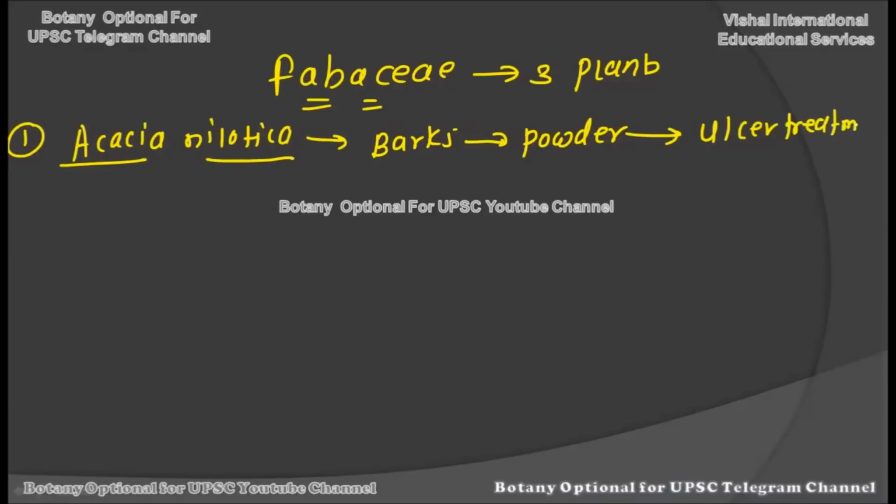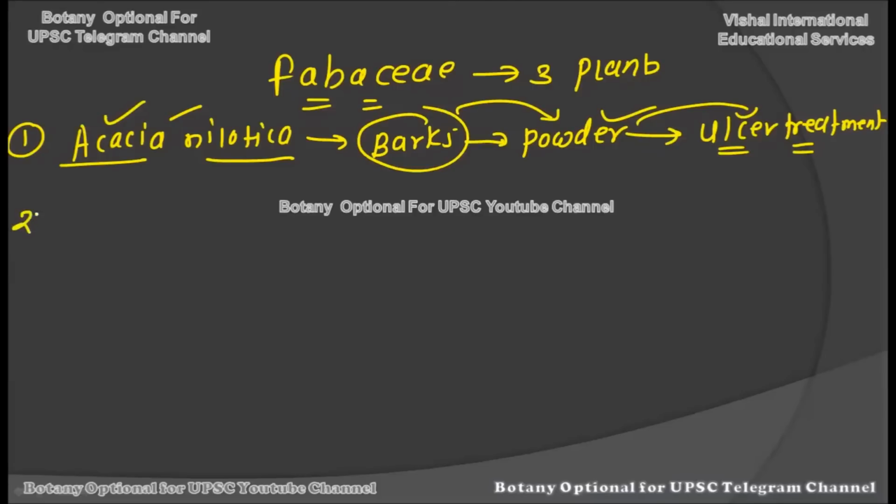So the treatment of ulcers was done by our ancestors by using the bark of the Acacia nilotica, first converted into powder form, and then this powder is used for patients suffering from ulcers. Okay, so it is quite an ancient treatment which is used by the local people around which this particular tree, Acacia nilotica, grows.